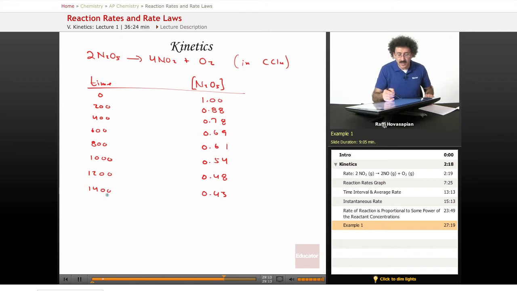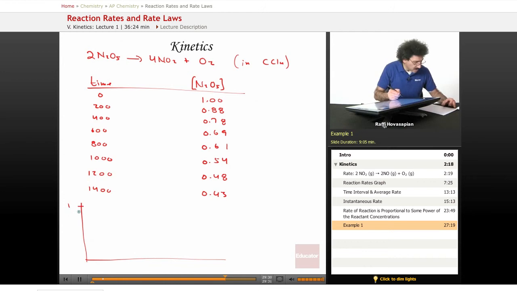At different time increments, we measured the concentration of the N2O5, and sure enough, it is decreasing. So now, when we graph this, you're going to end up with something like, if this is 1, start off with 1. Let's put 0.2 down here.